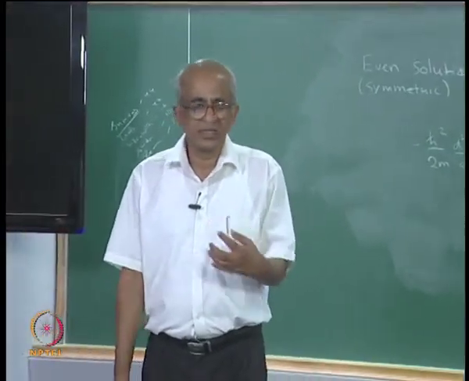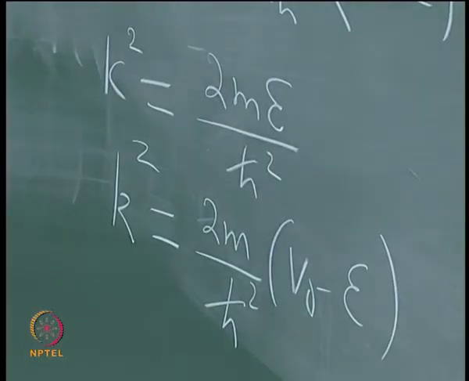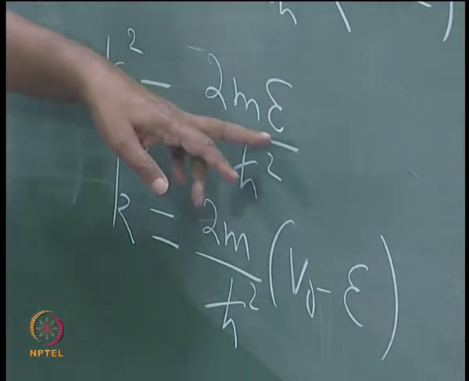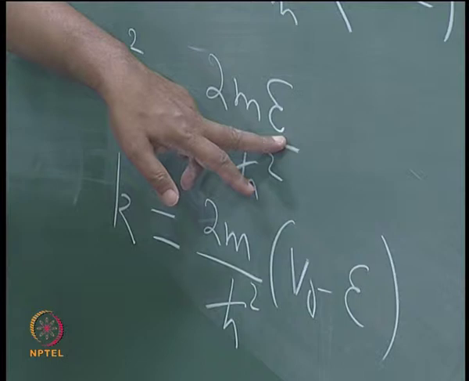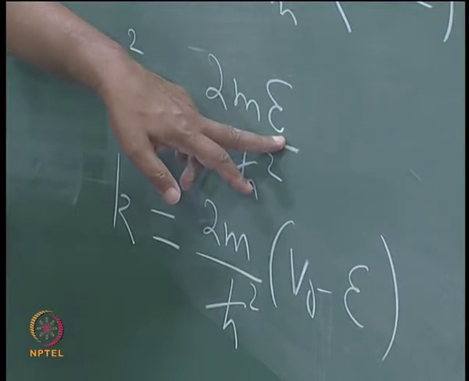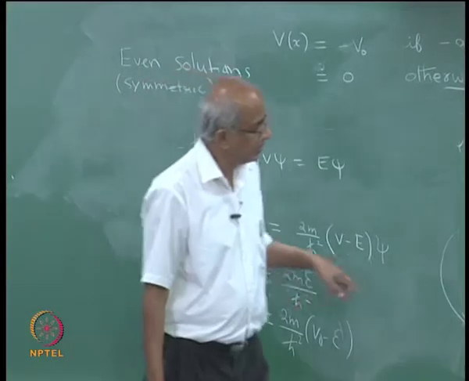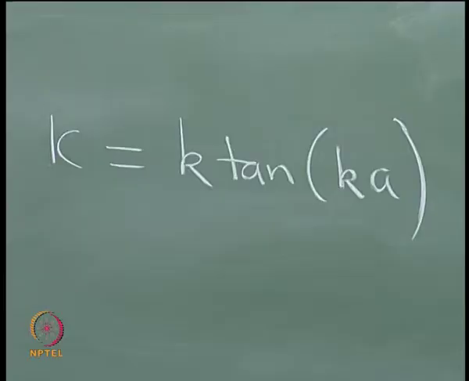So the point is that kappa and k are actually dependent on epsilon, right. They are both dependent on epsilon, and this is an equation that is to be satisfied. You see, you have epsilon inside this kappa, you also have epsilon inside that k.